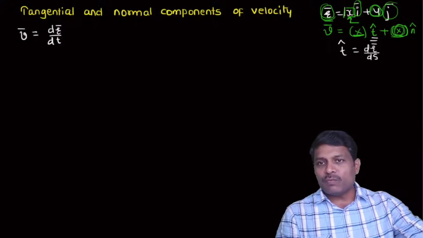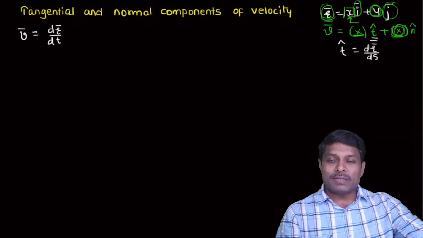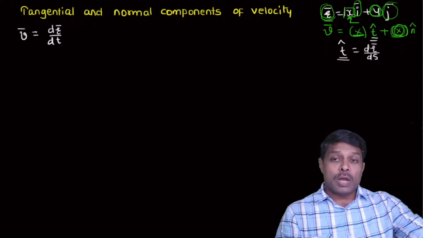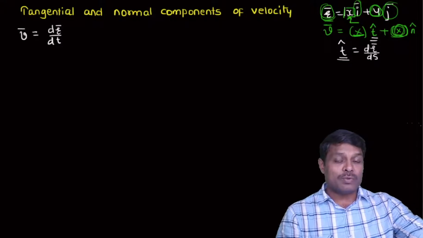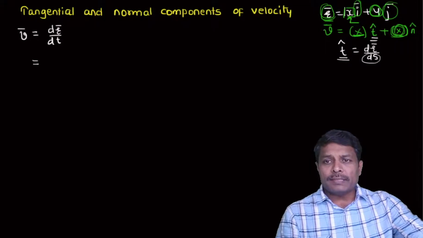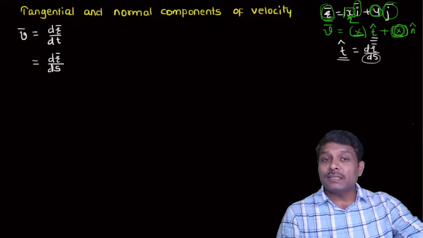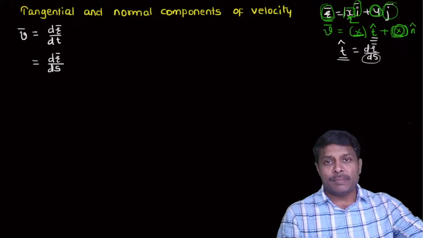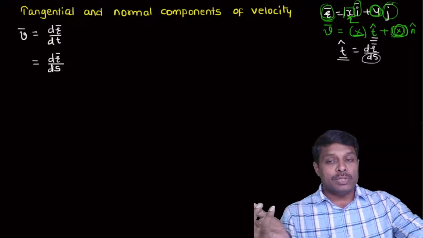So if I want to rewrite this derivative in terms of t cap, I have to write this derivative by using the chain rule in terms of arc length. So I may write this as dr bar by ds. Why have I taken ds? Because dr bar by ds is nothing but t cap, and t cap is a unit tangent vector.